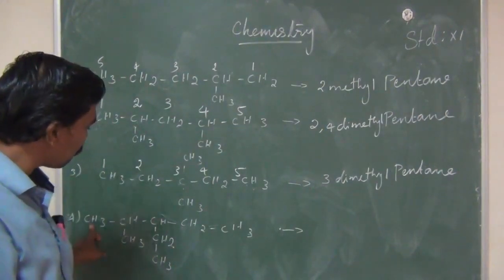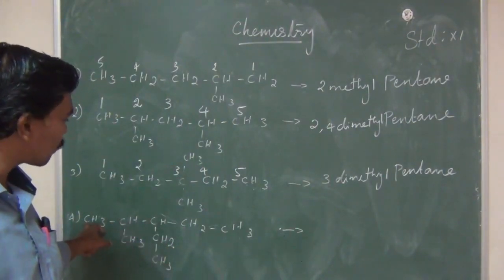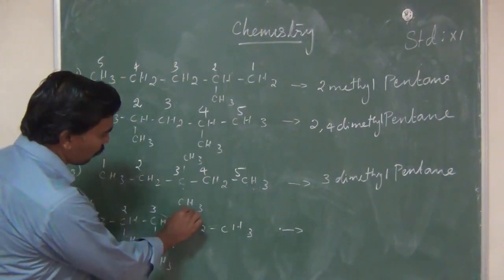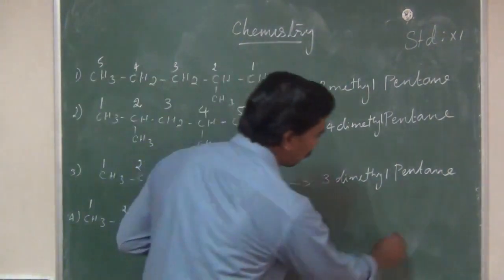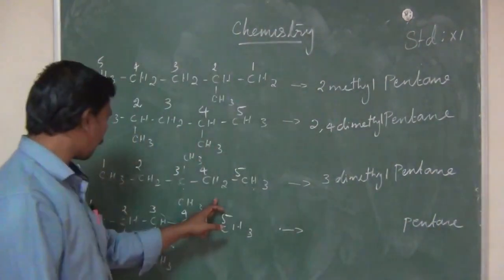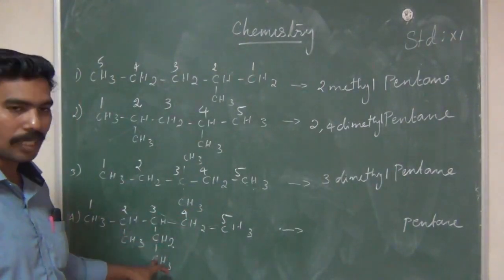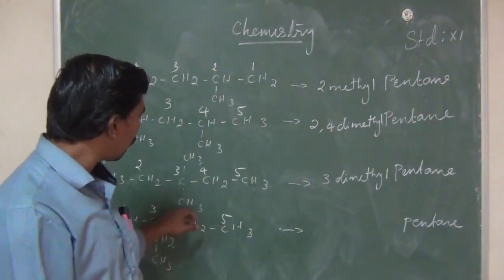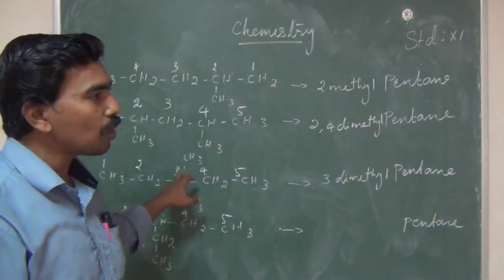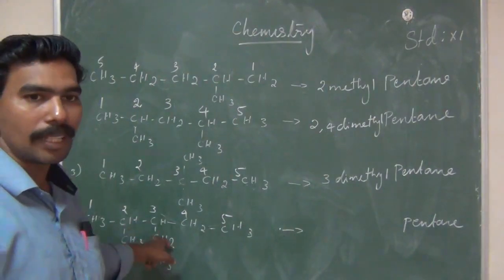The next you see, here also the attached groups are methyl and ethyl. The nearest carbon atom is this one, so you put the number from right to left: 1, 2, 3, 4, 5. So this name is pentane. The second carbon atom contains the methyl group, the third carbon atom contains the ethyl group. Now you see, here only methyl groups are present, and here also methyl groups, but this pentane contains 1 methyl and 1 ethyl group.